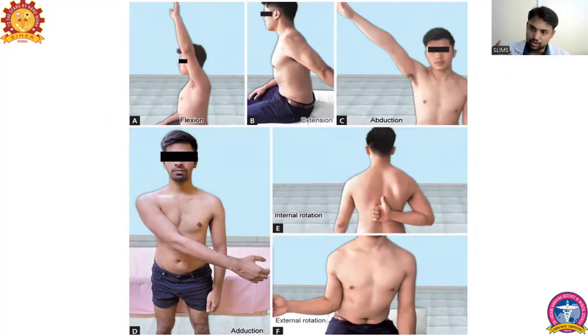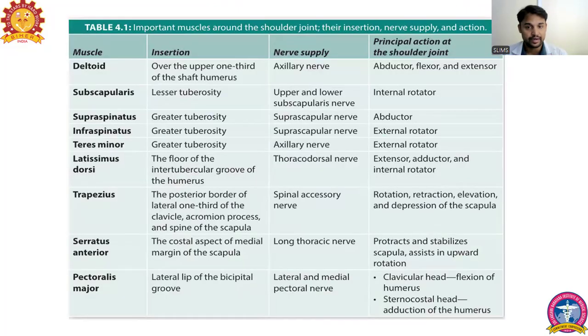Normally, the patient should be able to lift off the hand from the back. But if he is not able to lift off the hand, the lift off test is positive. That indicates some subscapularis tendinitis or tear.